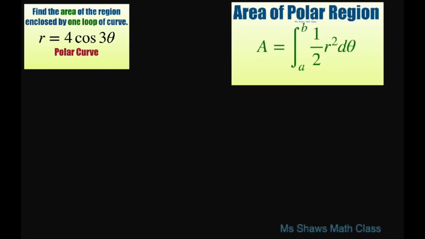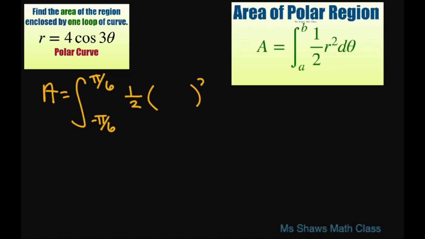We're going to take our area equals, our limits of integration are going to be negative pi divided by 6 to pi divided by 6. And then our formula is 1/2 r squared d theta. Our r happens to be 4 cosine of 3 theta. I'm going to bring out the 1/2.